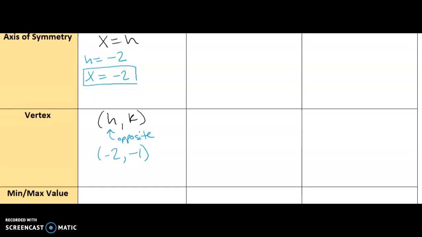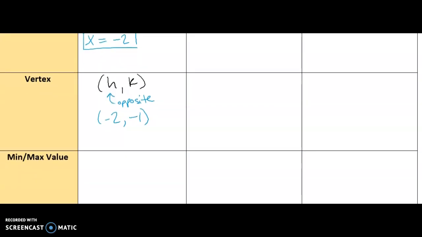Well, your minimum or maximum value is going to come from your a. So first, look at a. Opening up has a minimum, and opening down has a maximum. So first look at a to determine that.